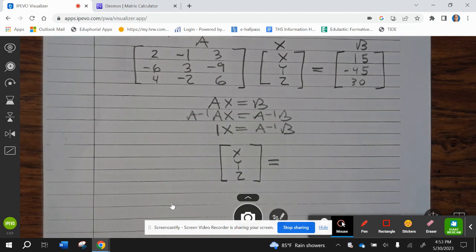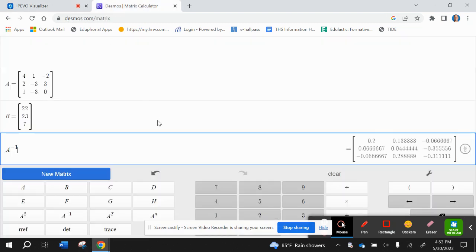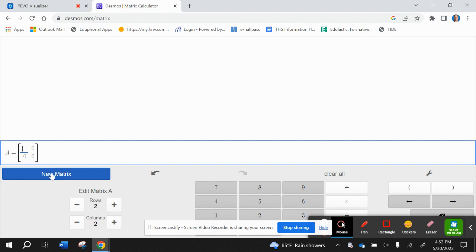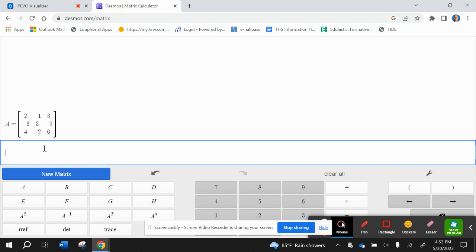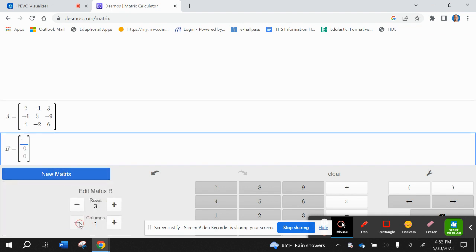equals, so we come over to the Desmos calculator and delete what we had before. New matrix, it's a 3 by 3. So that's 2, negative 6, 4, negative 1, 3, negative 2, 3, negative 9, 6, press enter, and then new matrix, that's a 3 by 1.